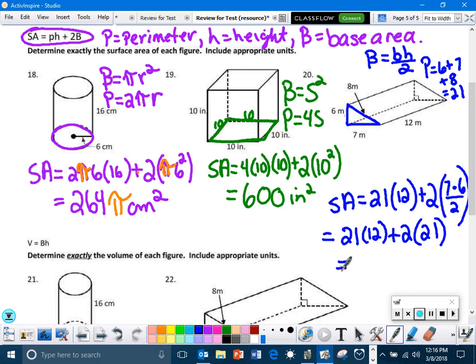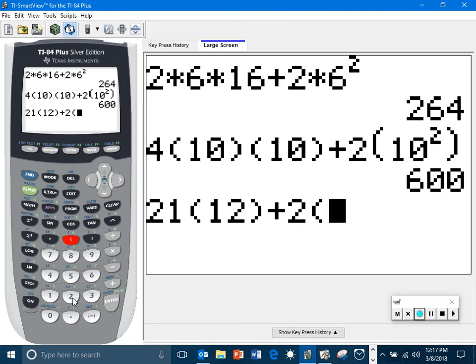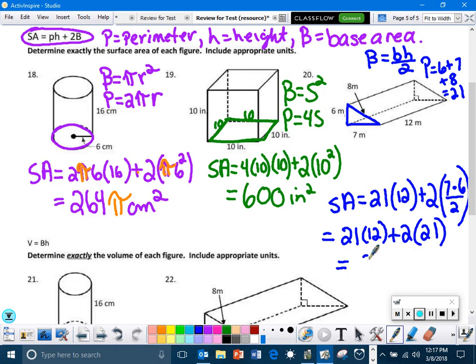Okay, now I can type that in. So 21 times 12 plus 2 times 21. So the surface area is 294 meters squared.